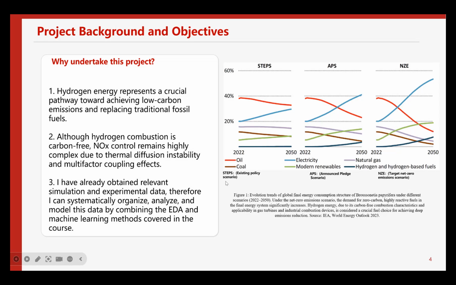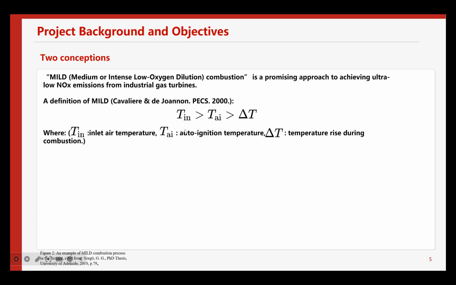So in this project, I compare my simulation results with the methods learned in the course, such as EDA, analysis, and some random forest models. Let's begin from the next.